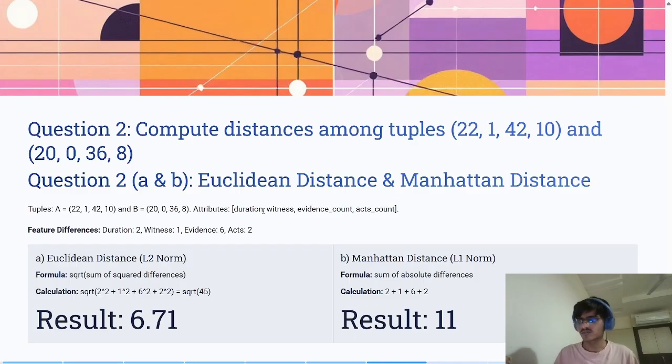Now it asks us to compute the following distances: Euclidean distance, Manhattan distance, Minkowski distance with h equals 3, and lastly supremum distance.